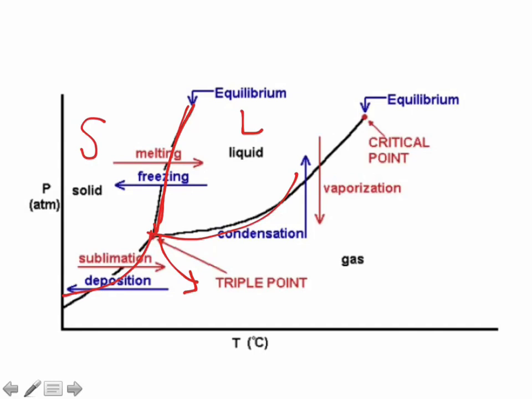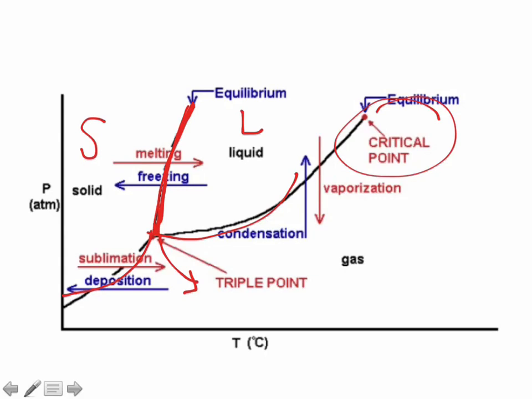What it's doing is comparing pressure to temperature. What happens to your solution, or whatever you have, as you increase the pressure or you increase the temperature? On the line is your equilibrium point. And then over here is your critical point.